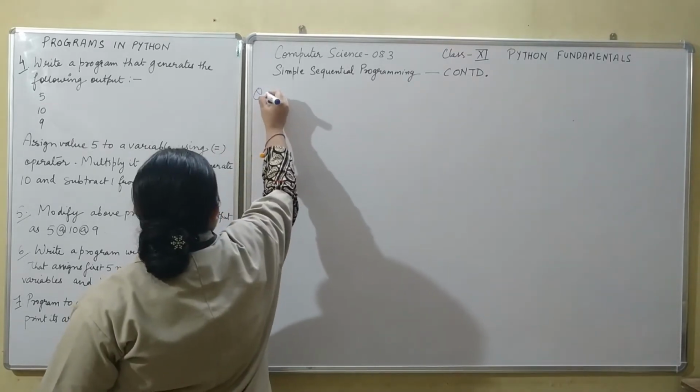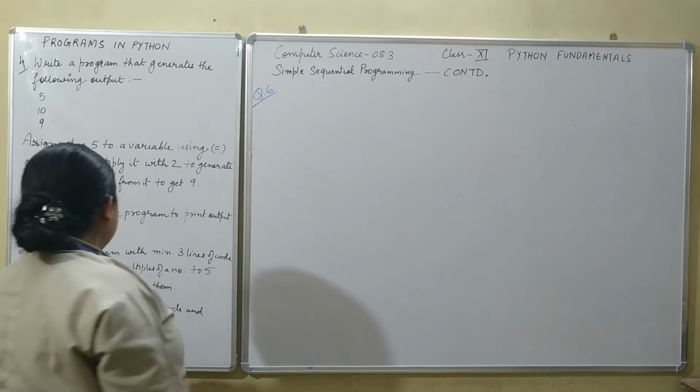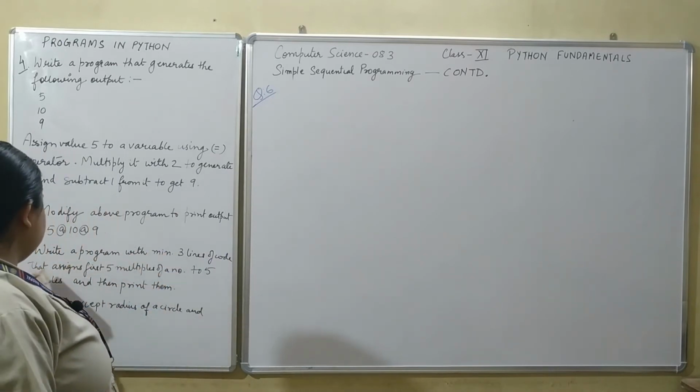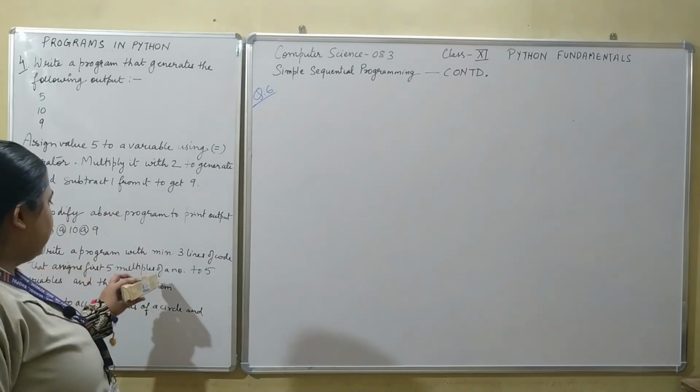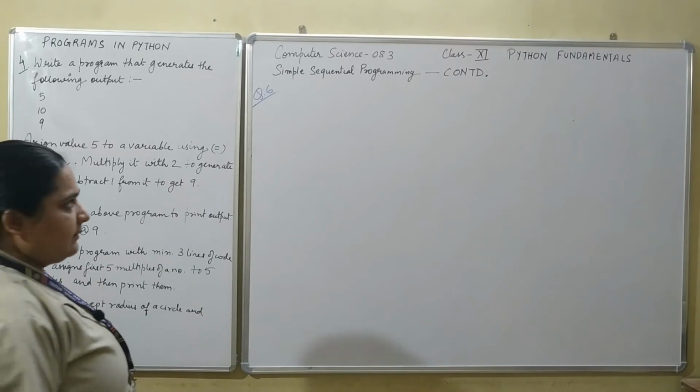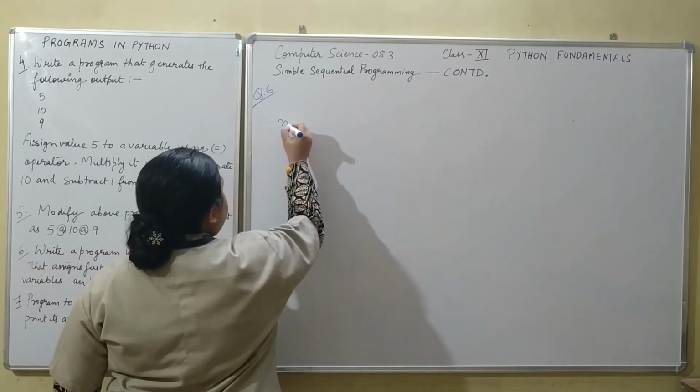So question number 6. Write a program with minimum 3 lines of code that assigns 5 multiples of a number to 5 variables. What are multiples of a number?